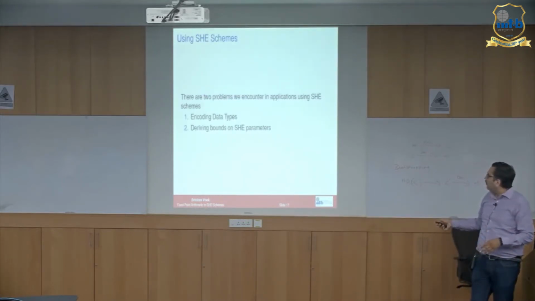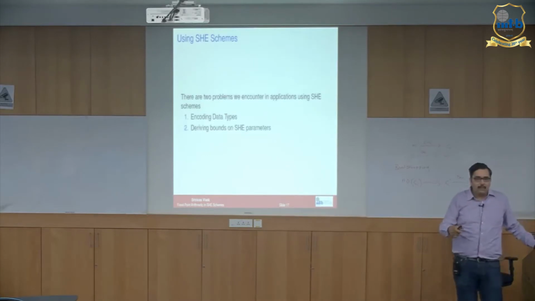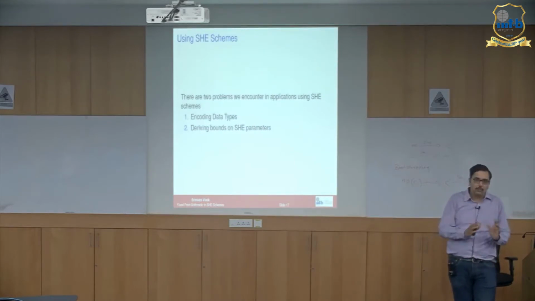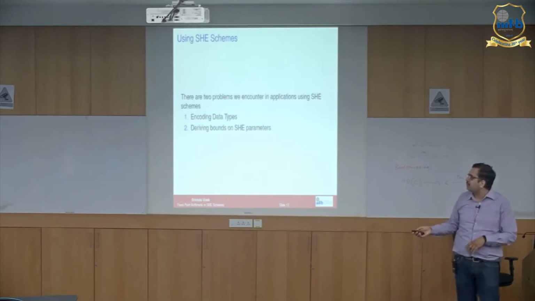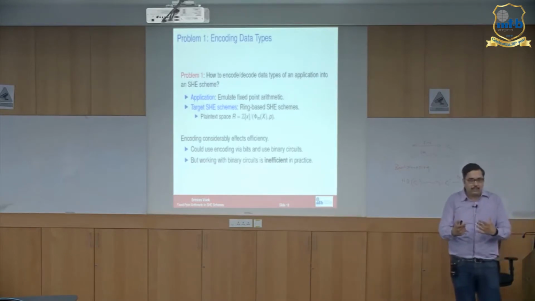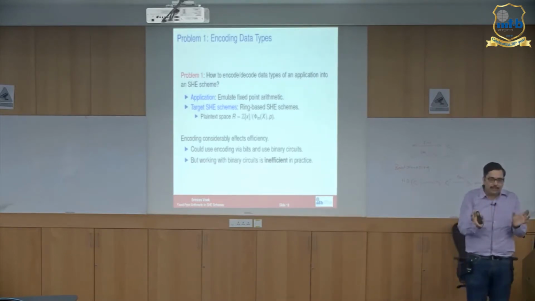and then of course derive bounds on the parameters, so how to generate the key and what length they should be, so that you can properly evaluate the function. Okay. So as I mentioned, the target application is how to emulate fixed point arithmetic using these somewhat homomorphic encryption schemes.